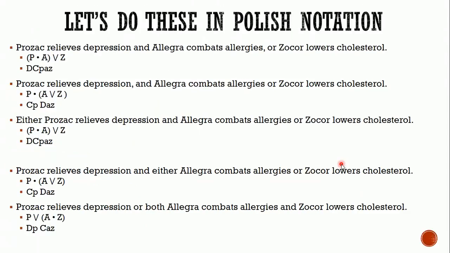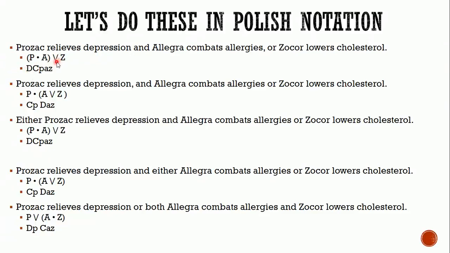All right. We're going to do this in Polish notation. Ignore this if you don't care about Polish notation. All right. So, with Polish notation, you always put the main operator on the far left, the outside. Okay?